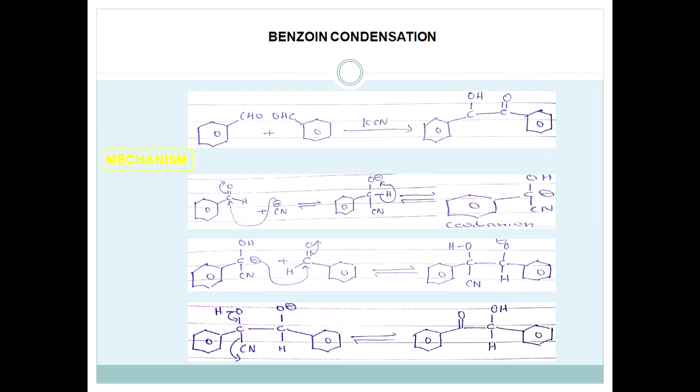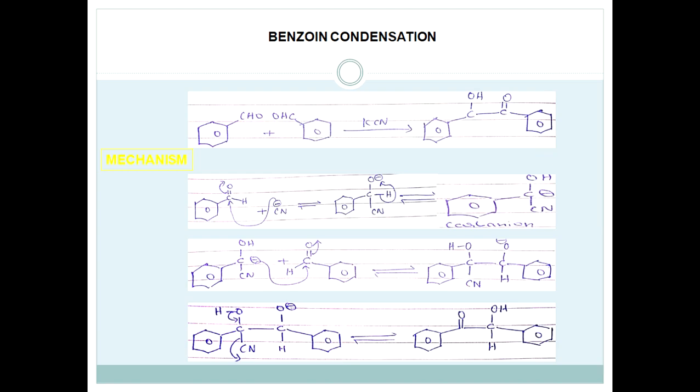So here self condensation takes place in the presence of KCN, that means potassium cyanide. It produces the alpha hydroxy ketones.